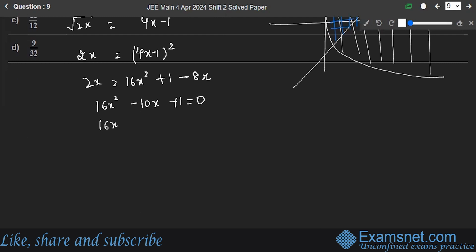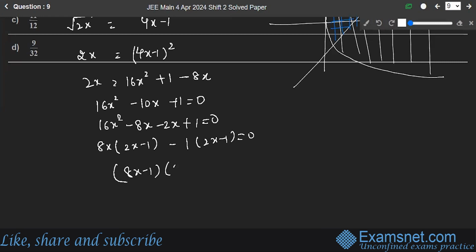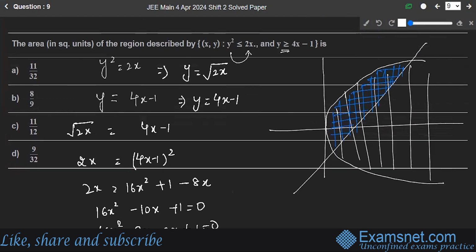Splitting the middle term into 8x and 2x: 8x - 1, 2x - 1 equal to 0. So x is equal to 1 by 2 or 1 by 8. These are the two x points where they will intersect.